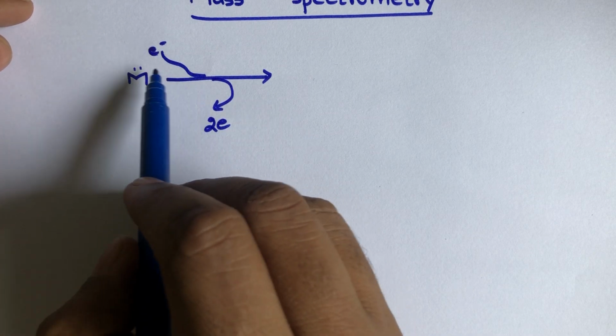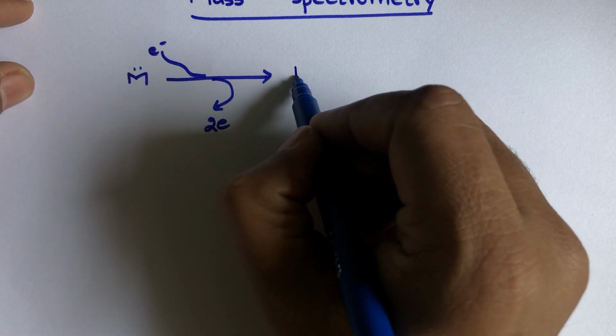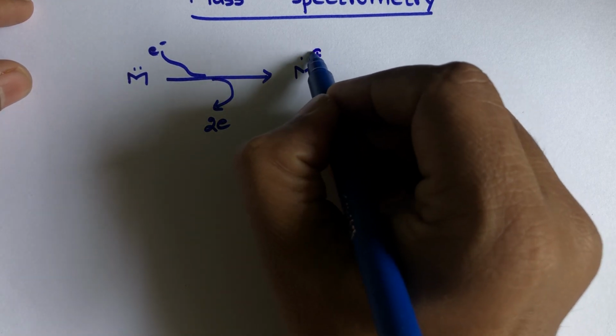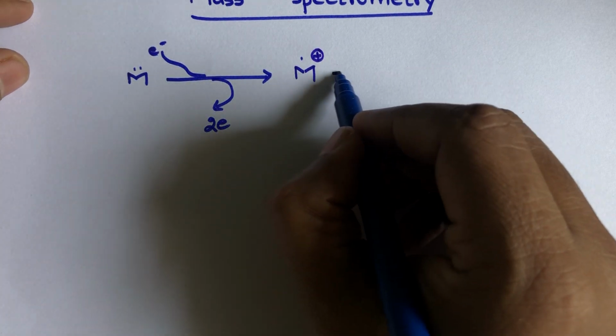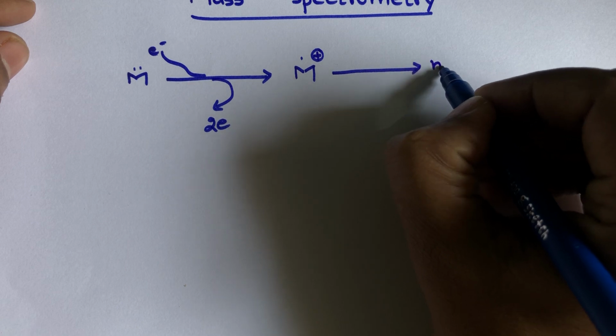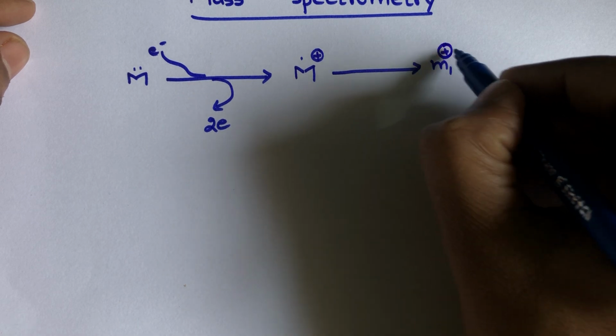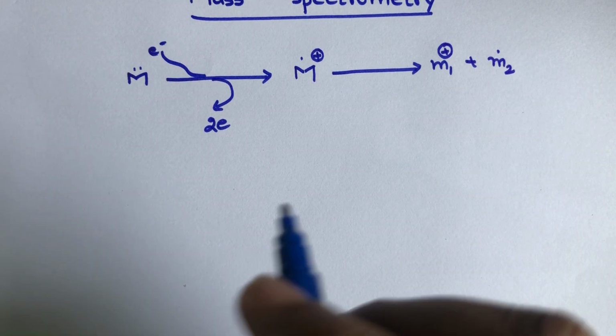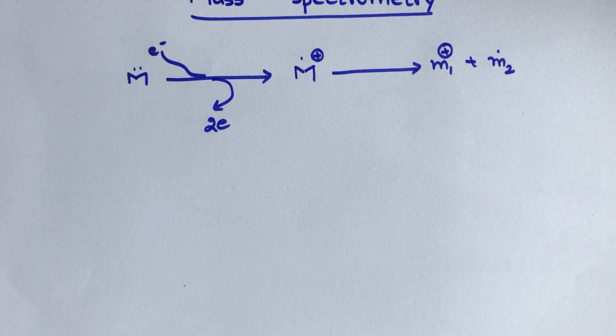It is bombarded with an electron. This removes an electron. It results in the formation of a radical cation. Then fragmentation may take place into smaller units, that is, a cation and a free radical. A radical and a cation are generally formed.